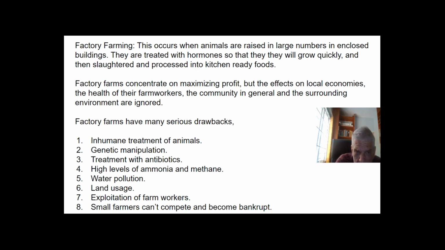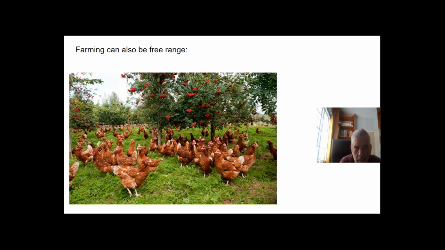The small farmers, of course, are the farmers who keep a few cows or so on. They will not be able to compete with these industrial farmers. But farming can also be free range. It seems a lot more humane to keep the animals like that.